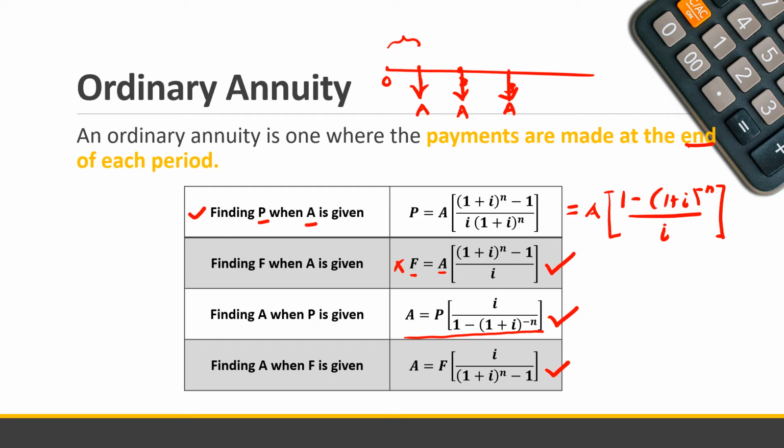So only these two, para mas madali yung ma-memorize.